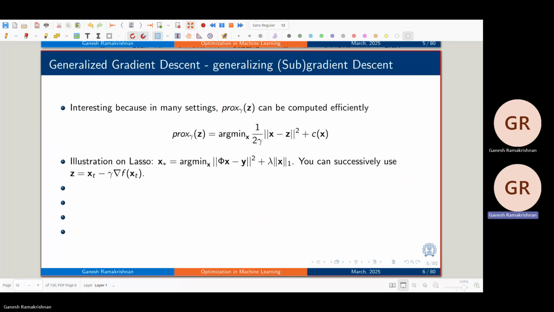The minimization involves c times the norm of x, so there will be a subgradient. Let's look at the expression: z minus x, so it will become like this. We are looking at the argmin of a simpler expression, a quadratic expression involving x with no matrix multiplication, plus c times the one norm of x, again with no matrix pre-multiplication on x.